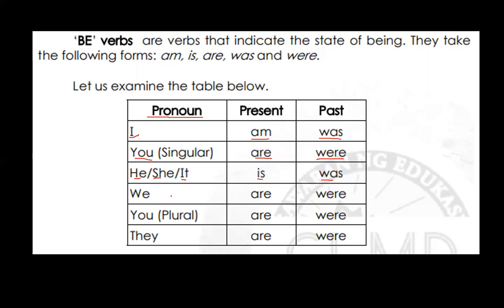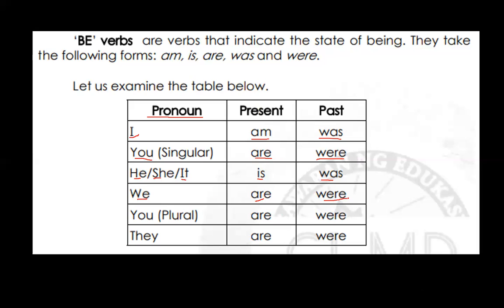So moving on, we have the pronoun "we," as we are talking about two or more persons. We use the present form "are" for the present, and we use "were" if we are talking about the past.